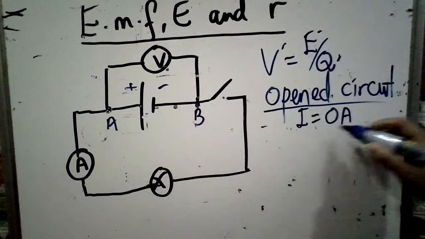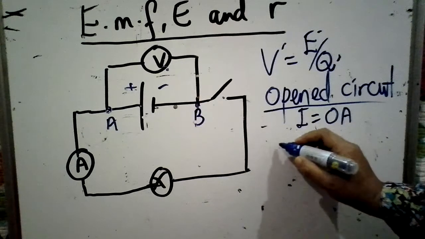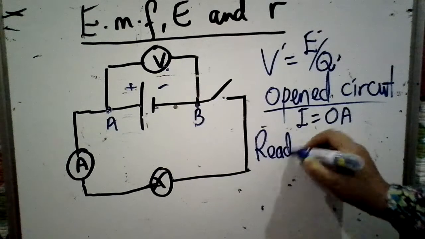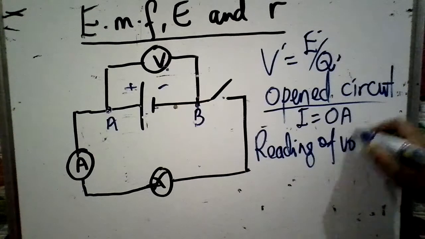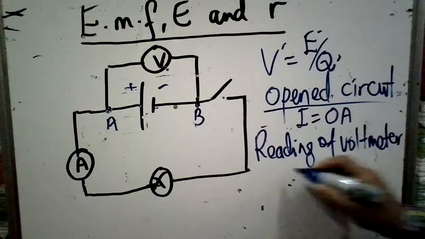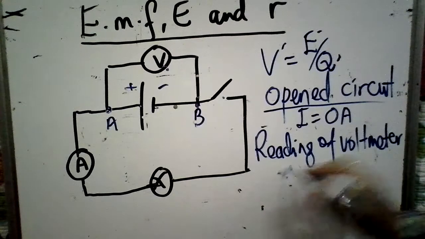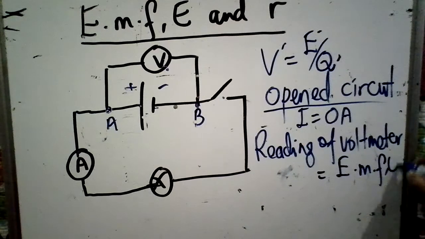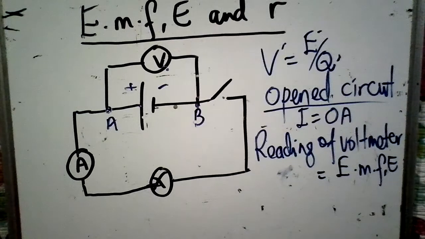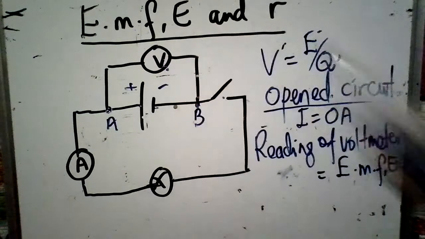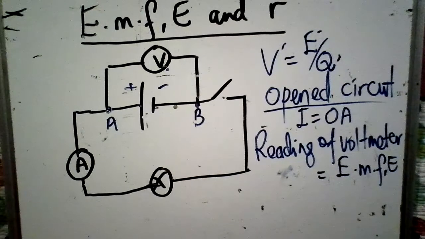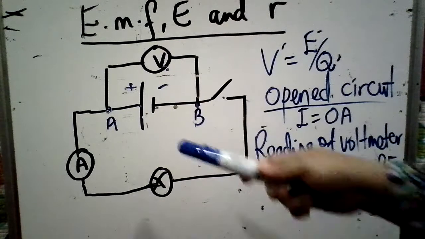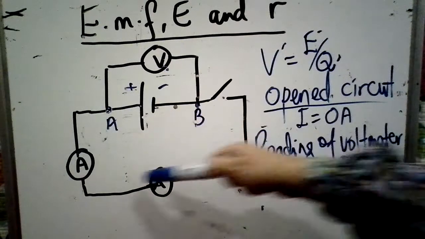So when I equals 0, the reading of the voltmeter V is equal to EMF E. Because we have discussed before, electromotive force is the total voltage supplied for the whole circuit, or electrical energy used to transfer 1 unit of charge between the terminals of the battery.